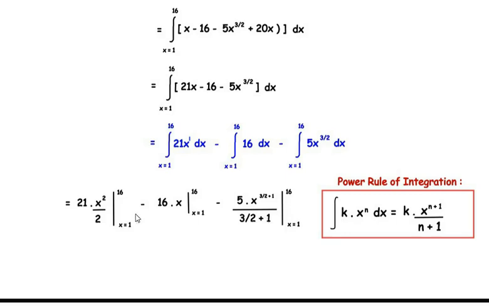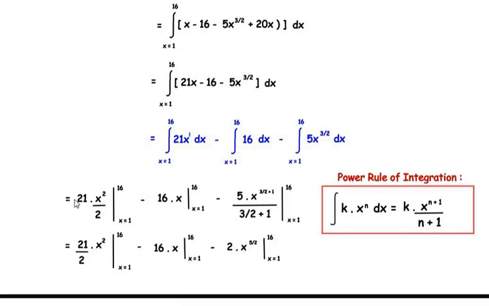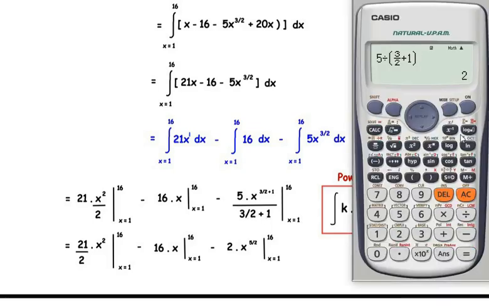Now let us simplify these terms. So here we get 21 divided by 2 times x square minus 16x minus, now over here 5 divided by 3 over 2 plus 1 gives us 2. So in place of this fraction, we have written 2 times x to the power of 3 over 2 plus 1 gives us 5 over 2. And the limits remain the same.